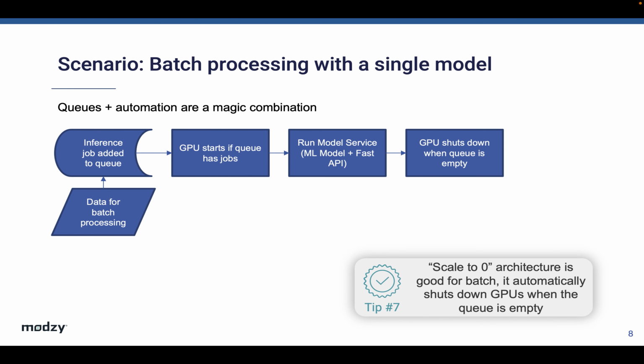And again, you get that scale to zero boost, which is a really effective architecture design for batch processing, because it automatically shuts down the GPUs as soon as the queue is empty. So this takes a little bit more work, a little more planning and testing, but it's not manual, which is really nice. It means that you won't accidentally forget to turn a GPU off after you're done with your process.